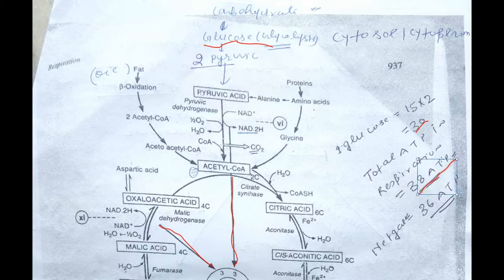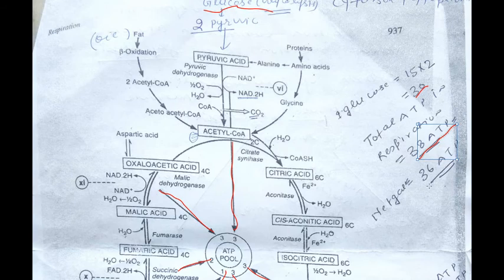But I told you NADH2 and FADH2 cannot directly give ATP, so they enter into the ETS, the electron transport system. In the ETS, they utilize 2 ATP. So the net gain of ATP through one molecule of carbohydrate or glucose is 36 ATP.